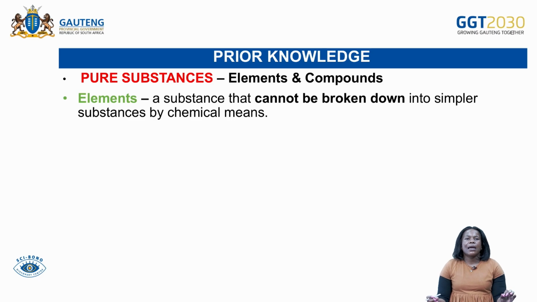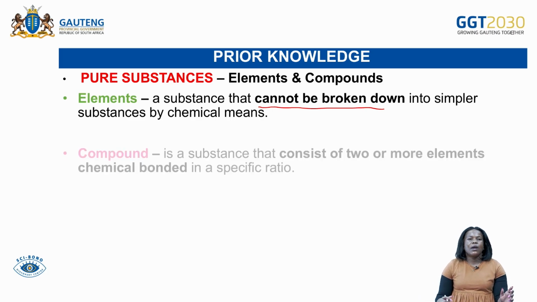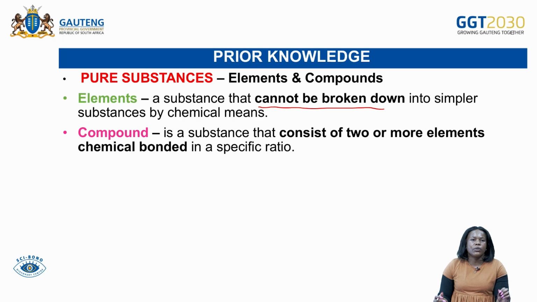We defined an element as a substance that cannot be broken down into simpler substances by chemical means. And we defined a compound as a substance that consists of two or more elements that are chemically bonded to each other at a specific ratio, okay?